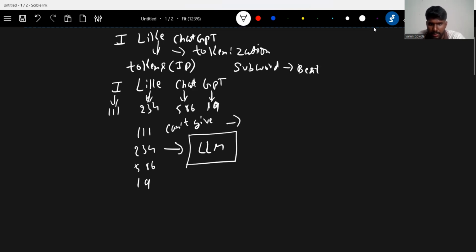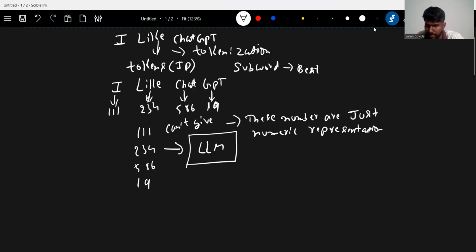We can't give these numbers directly to the LLM model, because these numbers are just a numeric representation of tokens.